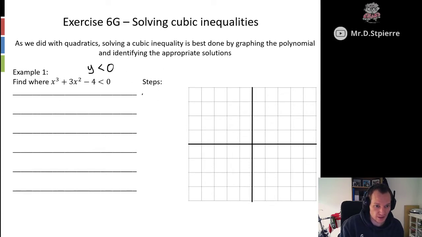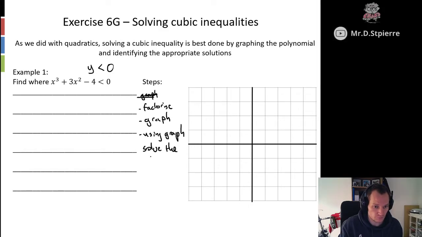So our steps are to factorize to be able to then graph, and then use the graph to solve the inequality. Those are our three main steps: factorize, graph, and then use the graph to solve the inequality.